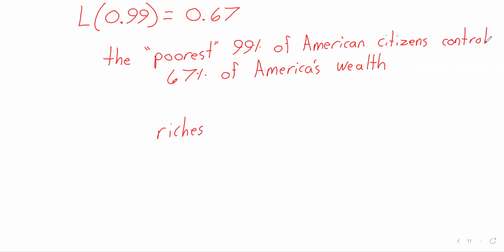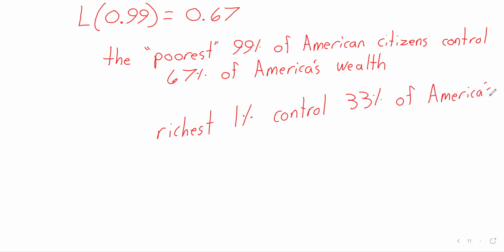If the poorest 99% control 67% of America's wealth, then the richest 1% must control about 33% of America's wealth.